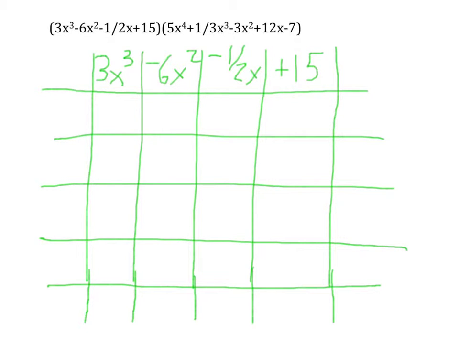It's nice to write the subtraction or positive symbols, more so the subtraction, just so you remember that you're multiplying by a negative. Then we're going to write the other expression, which would be 5x to the fourth, and then 1/3 x to the third, and then negative 3x squared, and then 12x, and finally minus 7.